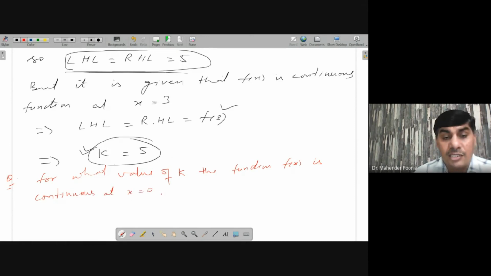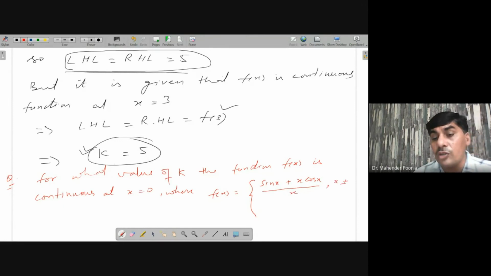Where f(x) is sin x plus x cos x divided by x when x does not equal 0, and f(x) is equal to k when x is equal to 0.